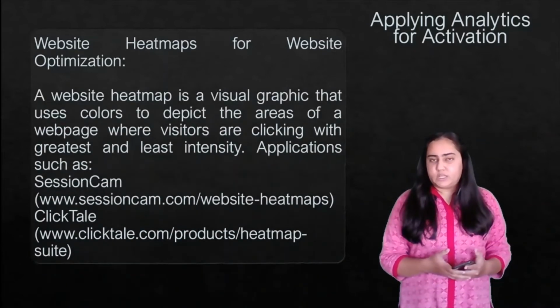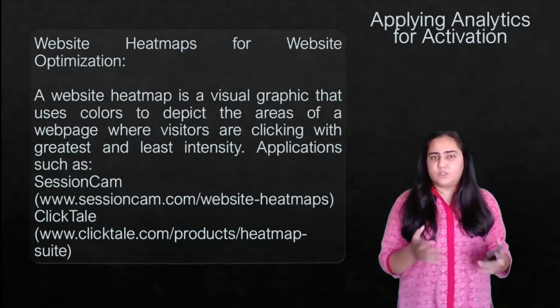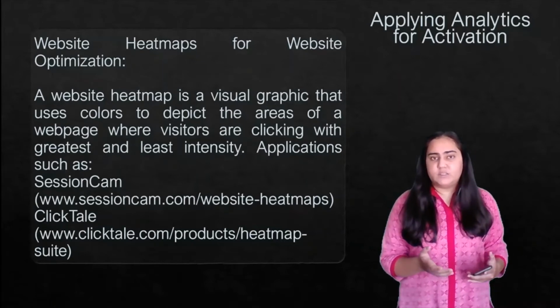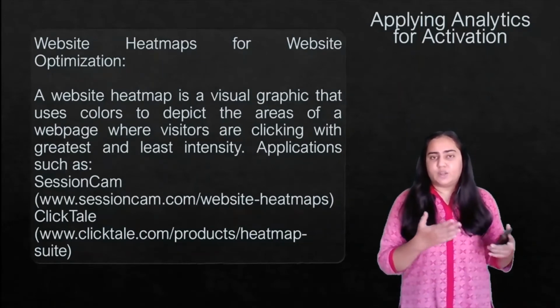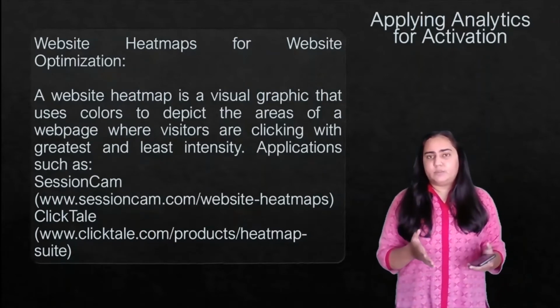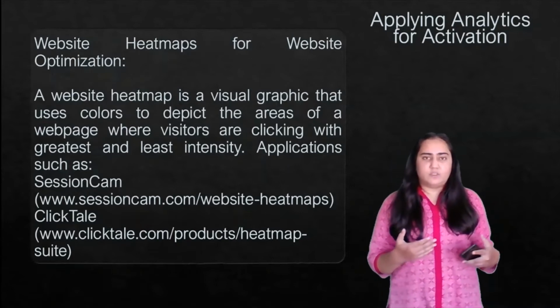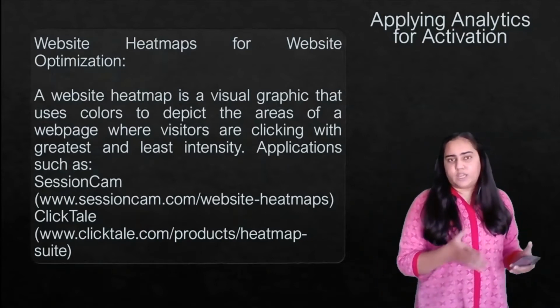What is a website heat map? A website heat map is a visual graphic that uses different types of colors to depict the areas of the web page where visitors are clicking with greatest and least intensity. So a heat map derives its name from the way heat works.